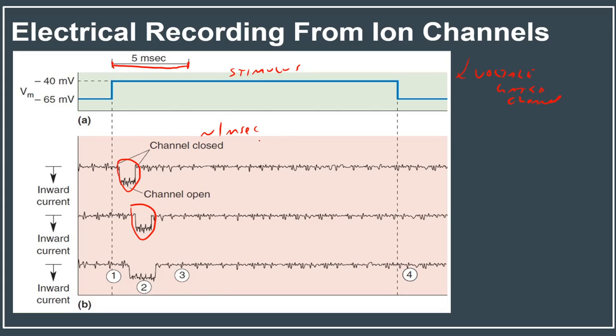It's actually amazing. So this is an example, but if you did another patch recording where you didn't apply any voltage, where instead this bar represented a puffing of neurotransmitter, you would see similar flickering openings in response to that. It's really interesting. Ion channels have similar properties, but there's also quite a bit of variability.